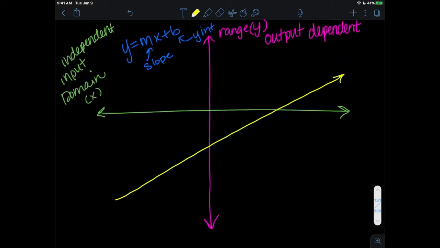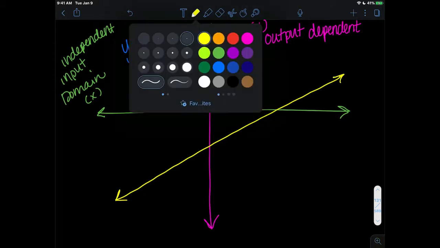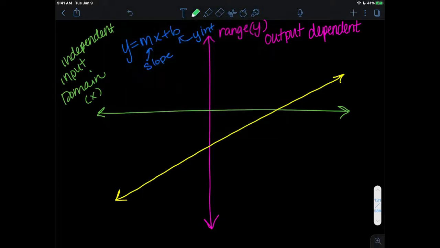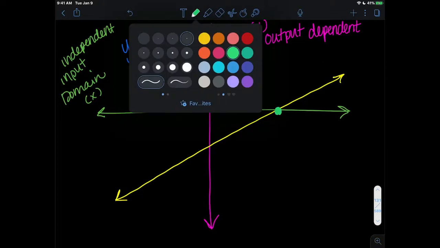Now, it obviously does not matter where the line is, what's going on, anything like that. All we're talking about is just the features. So don't pay attention to the slope or anything else, just the features of the line. Okay? So, here on this line, I have a point where it's going to touch my x-axis, right here, this little minty green point.